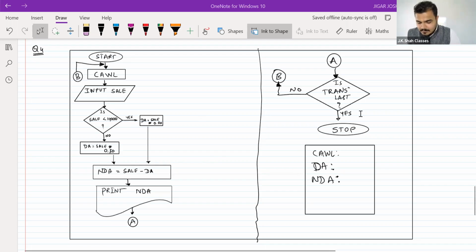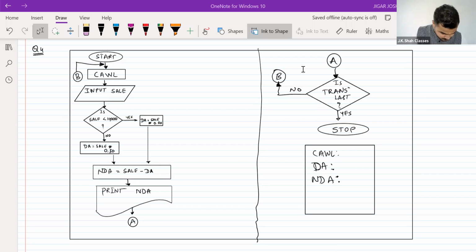Any student having any doubt? Clear, people? Anything not understood? Anything unclear? Done, shortcuts?